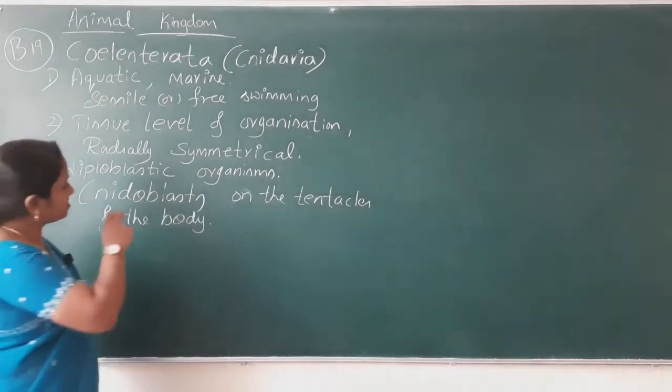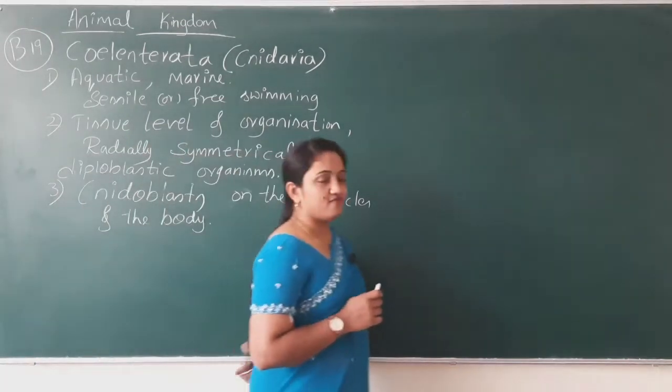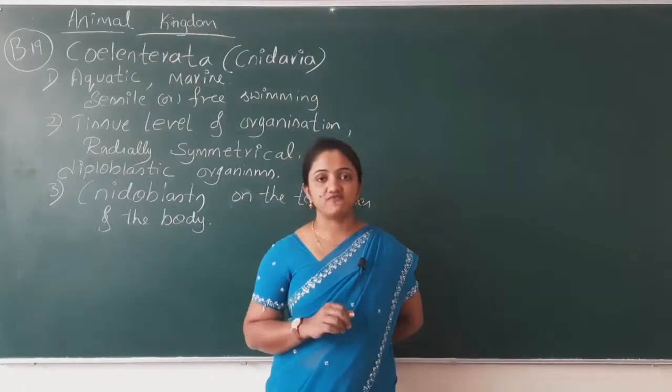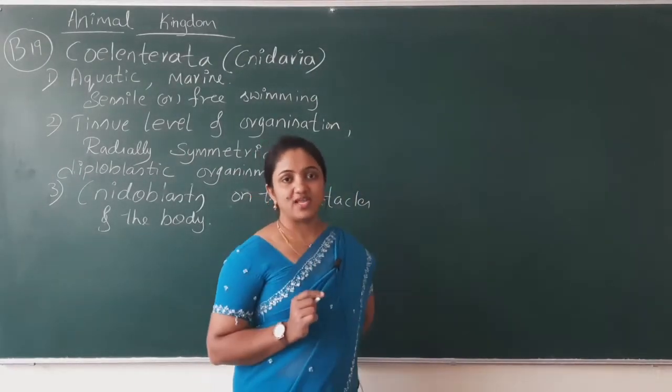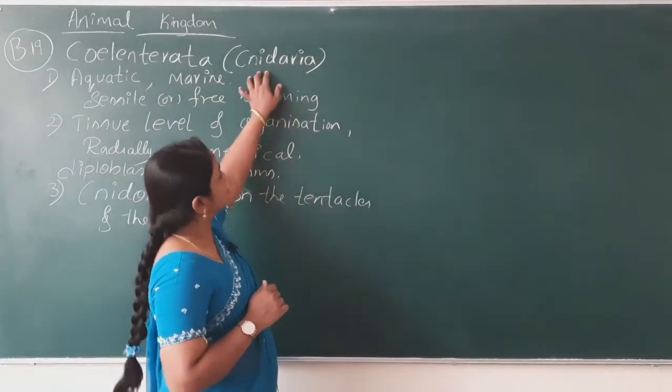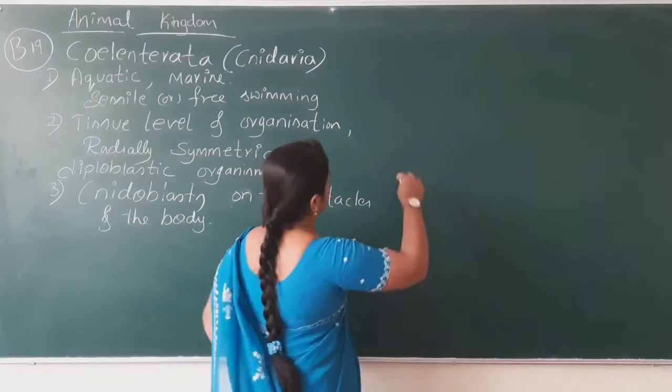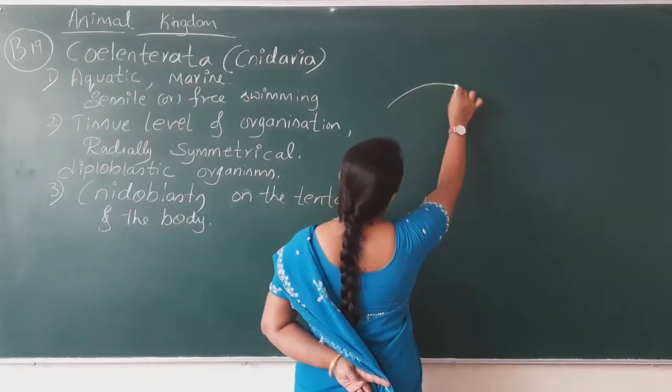Now, to understand this character, we have to see the diagram of the animal. So I'll take one example from this Coelenterata phylum. One example is Aurelia.